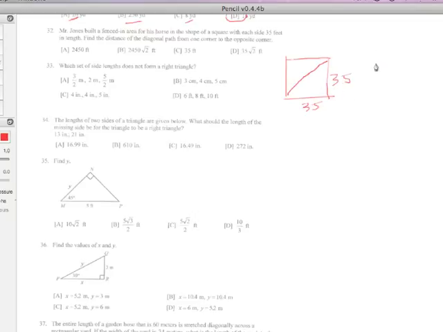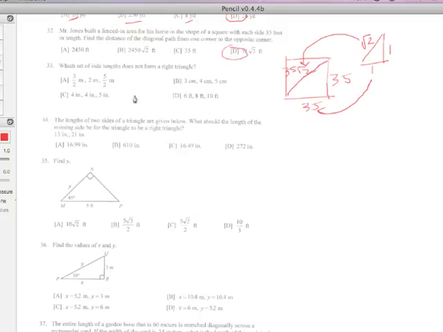This is a 45, 45, 90 triangle, and for that one we know the dimensions are 1, 1, root 2. That's just, again, the Pythagorean theorem, but it's something you can memorize. So if this is proportional, we have to multiply by 35, so this is 35 root 2, and there it is.